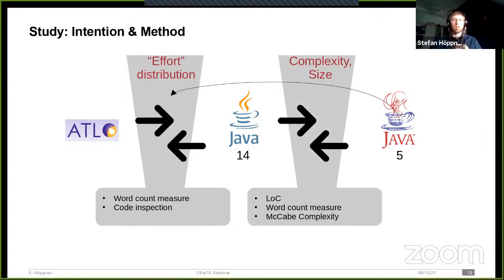Then on the side of the comparison between Java versions, we relied on the lines of code measure, again the word count measure for different size measure, as well as the McCabe complexity for measuring the complexity of the Java transformations.